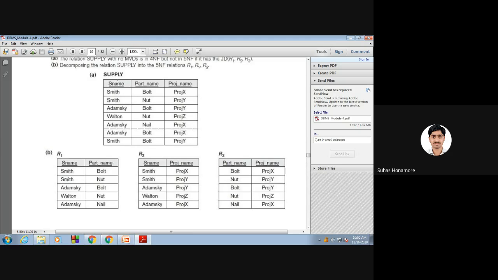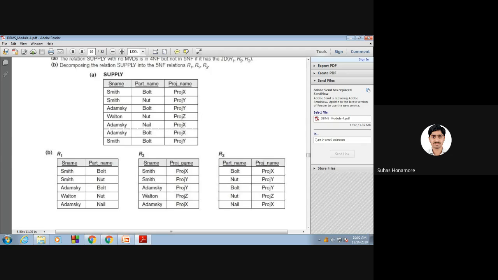How do we have to decompose this? All three together are my primary key. Whenever we decompose, these should all be primary keys only. These two attributes are related to each other and multivalued, so we keep them together: supplier name and part name.